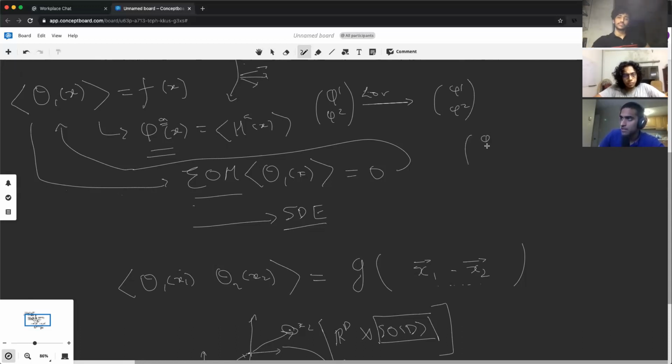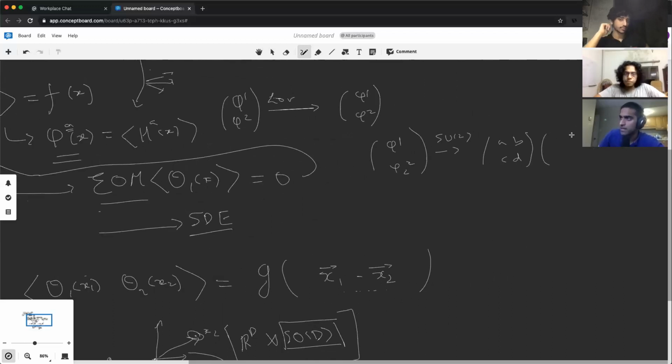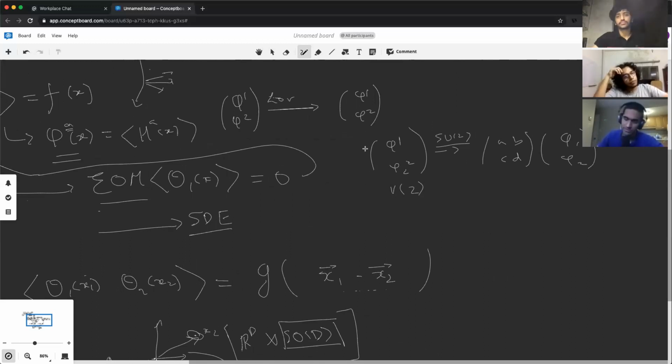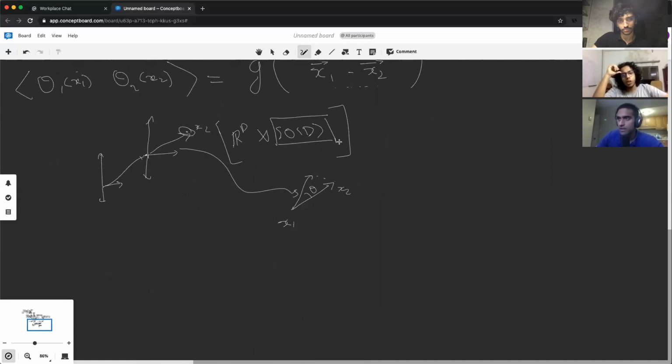But under the SU(2) of the standard model, I have some unitary 2x2 matrix with unit determinant acting on phi1 and phi2. So as far as internal SU(2) is concerned, this is a vector. You can write this as 2, the way some physicists denote these representations by their dimensions.